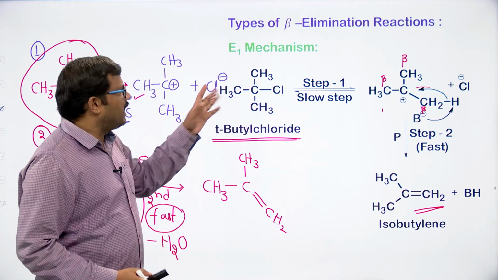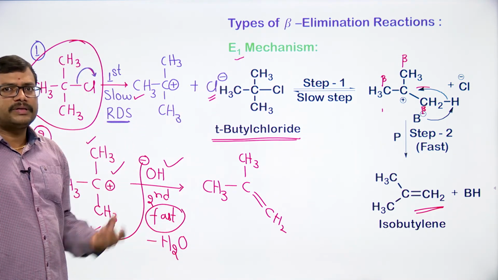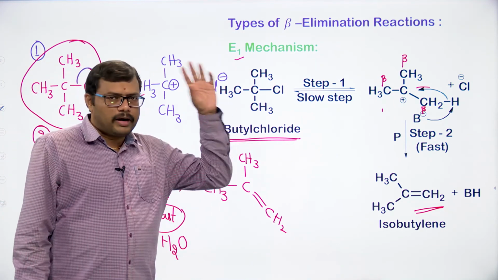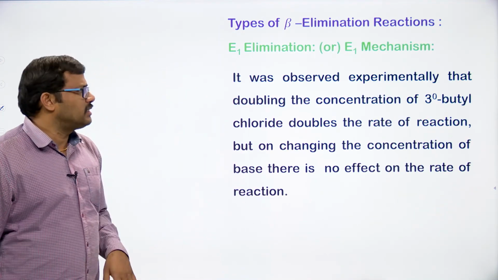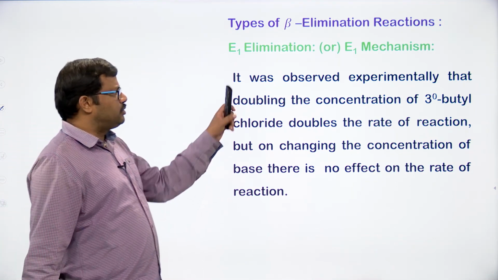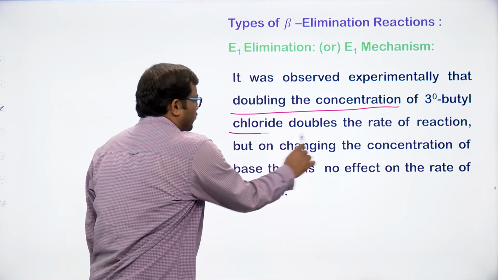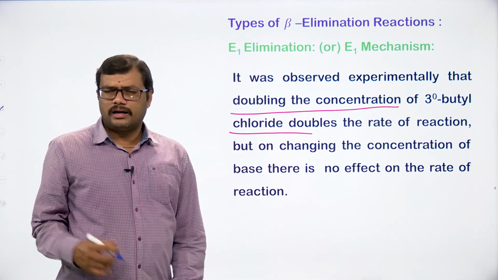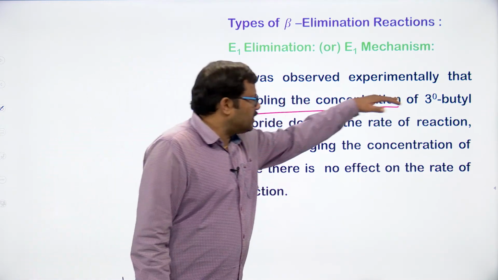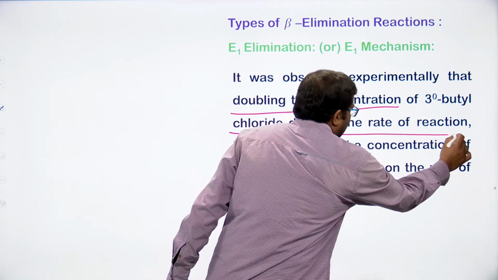Therefore, this reaction is E1, 1 means unimolecular. How many molecules are present in the rate determination step? Only one molecule. What is that? Tertiary butyl chloride is present, and therefore, the reaction is said to be an E1 elimination reaction. It is observed experimentally that doubling the concentration of tertiary butyl chloride doubles the rate of reaction.